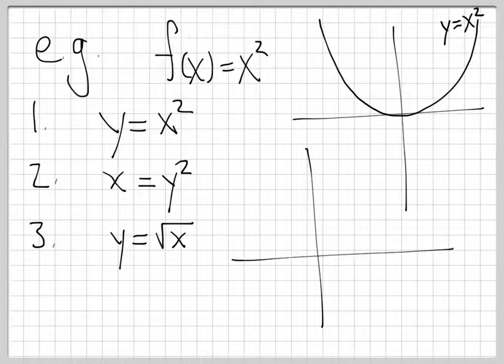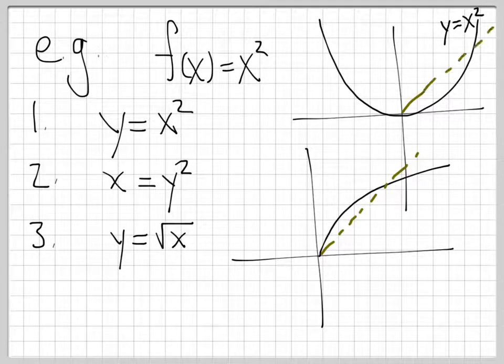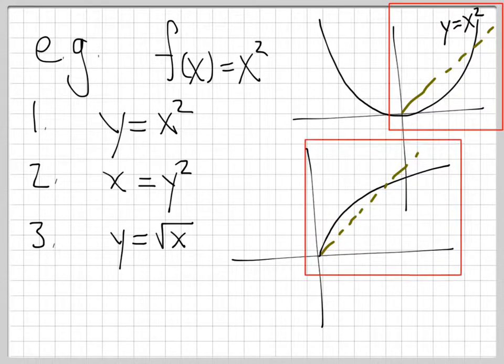When you graph the square root of x, it looks like this. And you should see, if I have y equals x up here in the first quadrant only, if you flip y equals x squared over y equals x, what you would definitely get is the square root function.